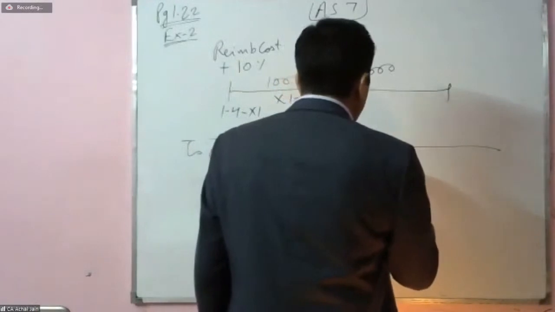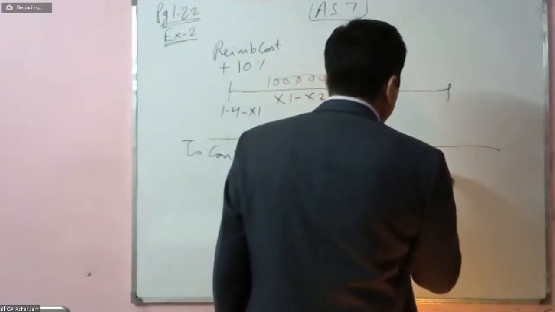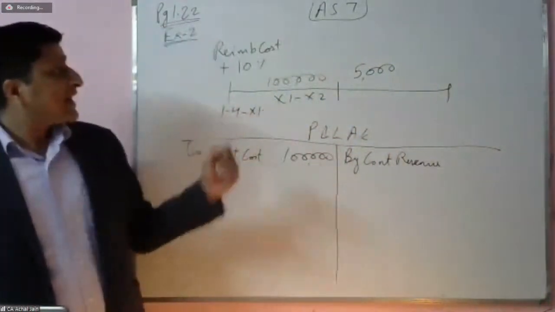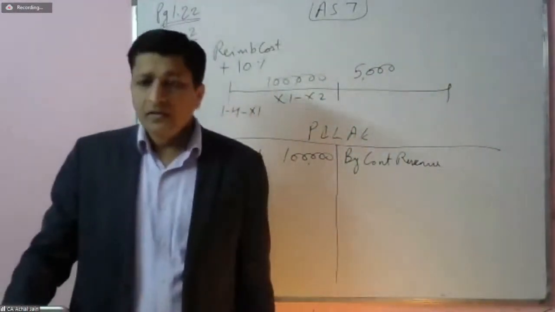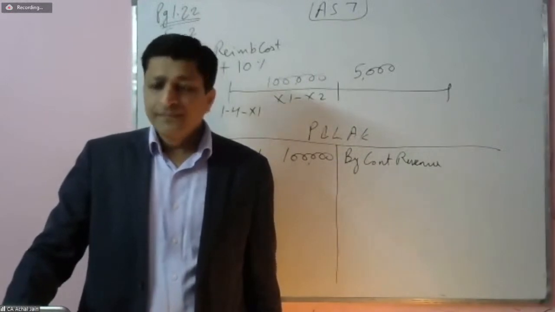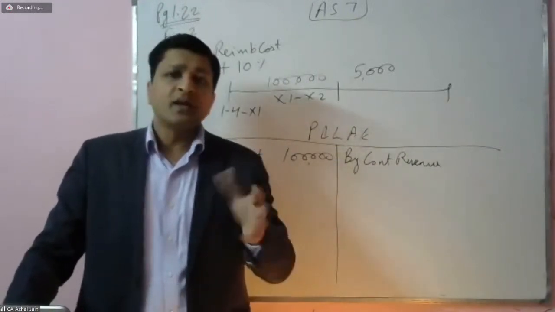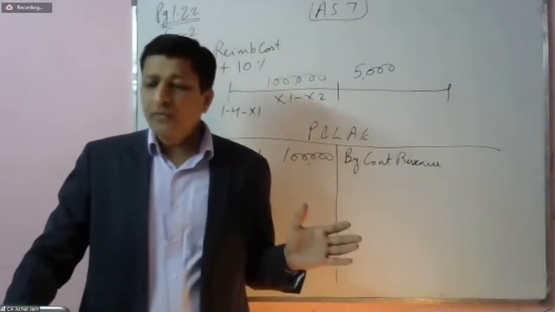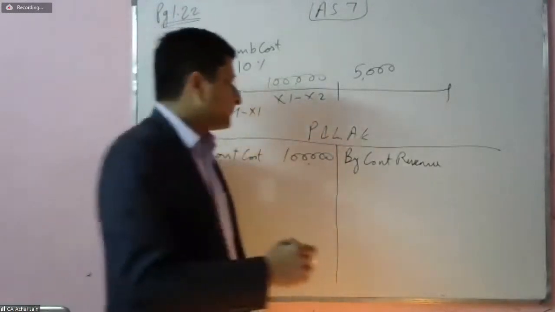So by contract revenue, now out of this 1 lakh cost which has been incurred, only 90,000 is reimbursable. So that means the remaining 10,000 will not be available. That is not something which will form part of consideration.